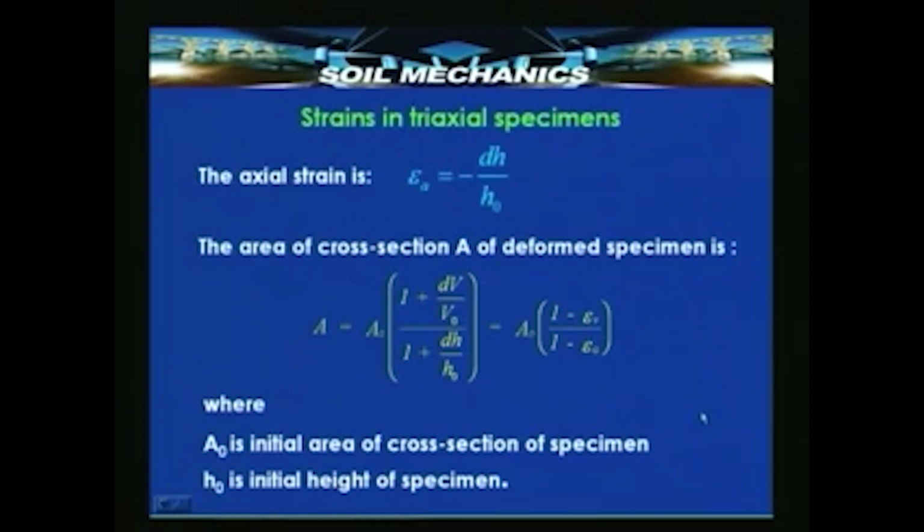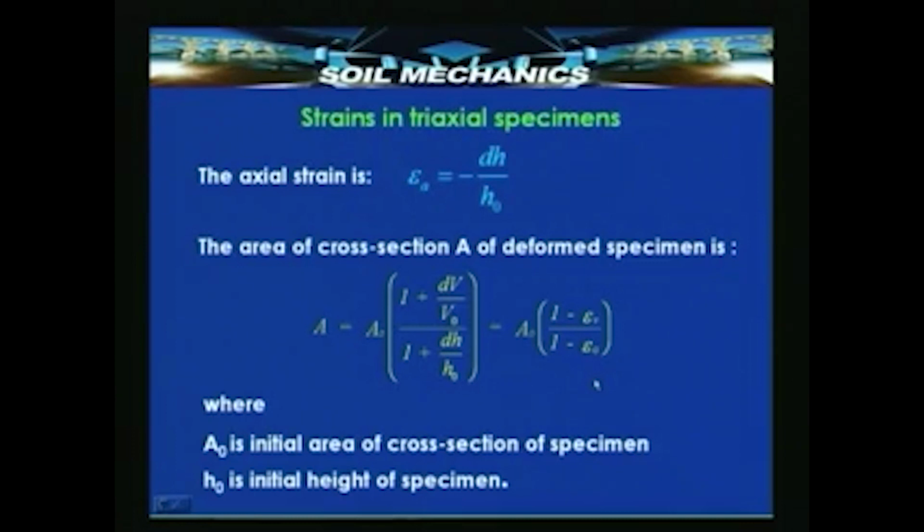On the other hand, the axial strain, epsilon A, will be the change in the vertical height of the specimen divided by its original height. And since on vertical compression the area of cross section of the specimen increases as the specimen gets compressed and its diameter increases, the new area of cross section, which will tell us the new stress state, will be given by this expression.